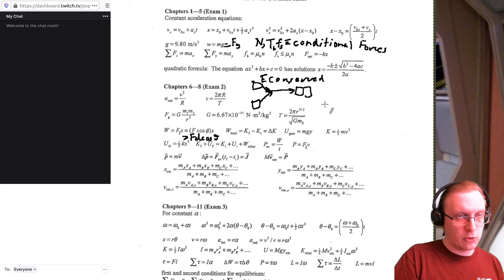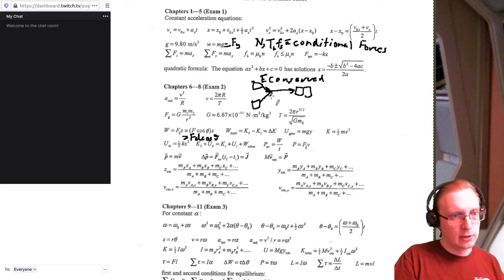Or another way you might see it is as an explosion, where the object is going this way and then it explodes. Of course, there's only one way that can go. You must detonate some amount of explosive to make that happen. They just don't fall apart.